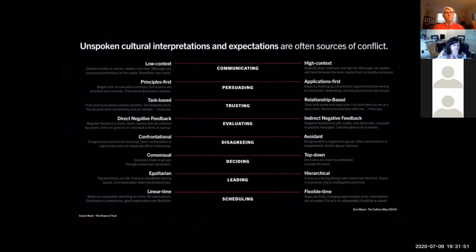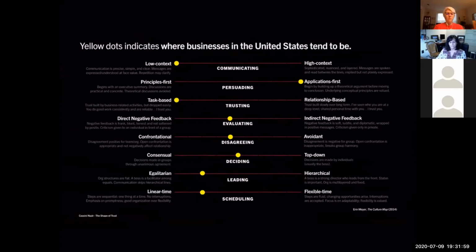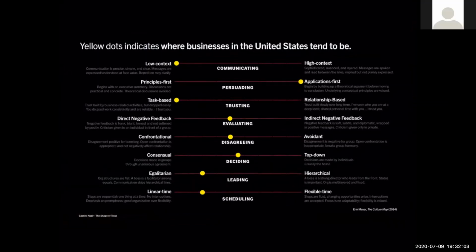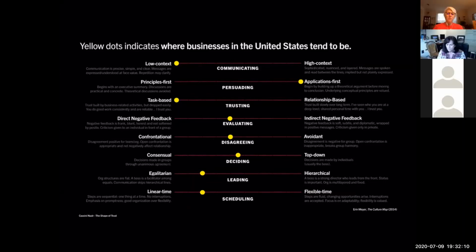all the way down there at the bottom. And here on this slide, we're looking at where businesses in the US tend to be. We tend to be low context. We prefer precise, clear, simple communication. We want applications first rather than principles first over there on persuading.